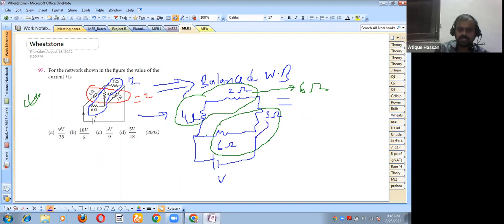This point is connected to this according to the question. So now we will see the other two resistors. These are also in series. So it will be 9 ohm.